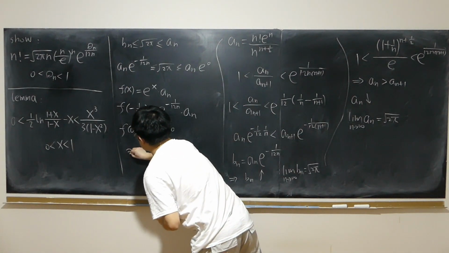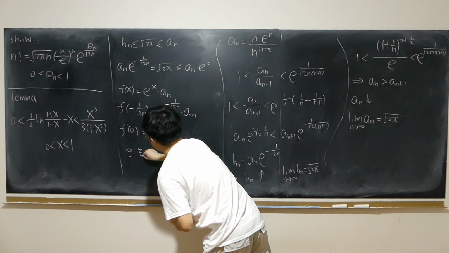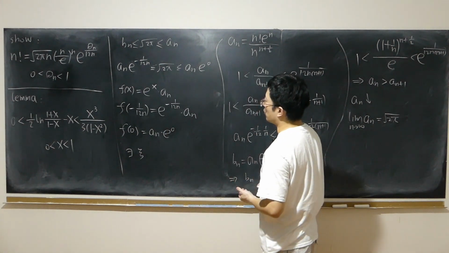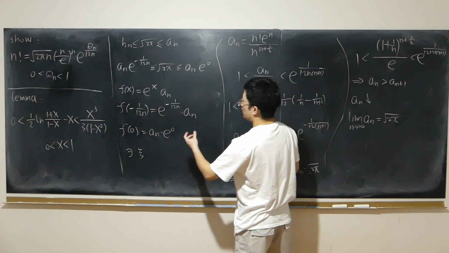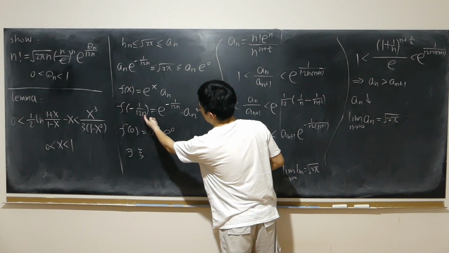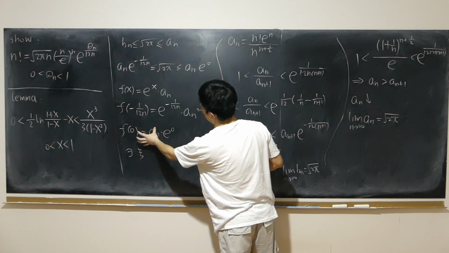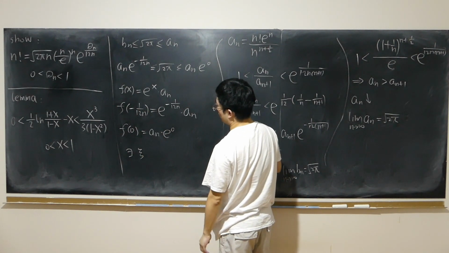So there has to exist a constant Cn. Of course, this Cn is dependent on the value of n, because as n changes, the interval will change, so Cn will probably change.